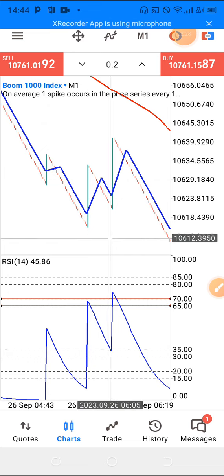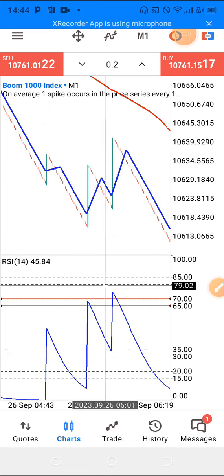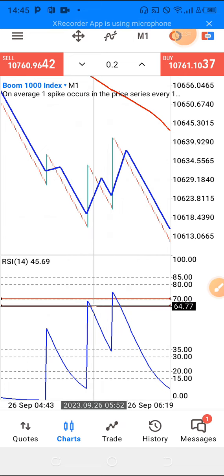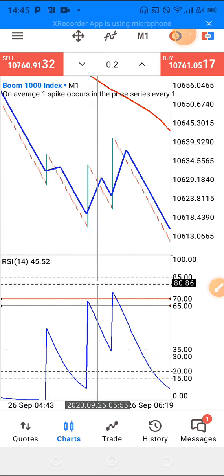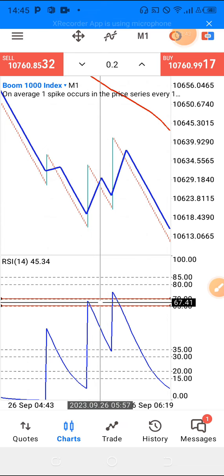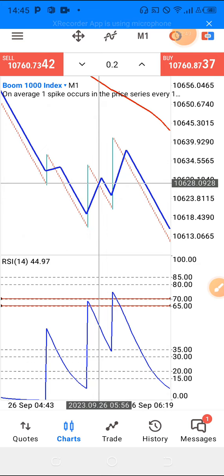So we wait for price. For example, it happened here. Price crossed below level 65 at this particular level here, and we're going to wait for the price on the main chart to cross this blue line, and we only take 5 candles. In this strategy, we're only taking 5 candles.